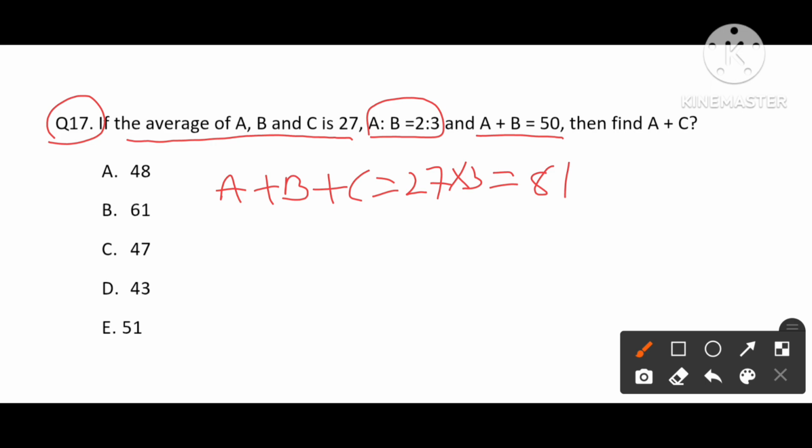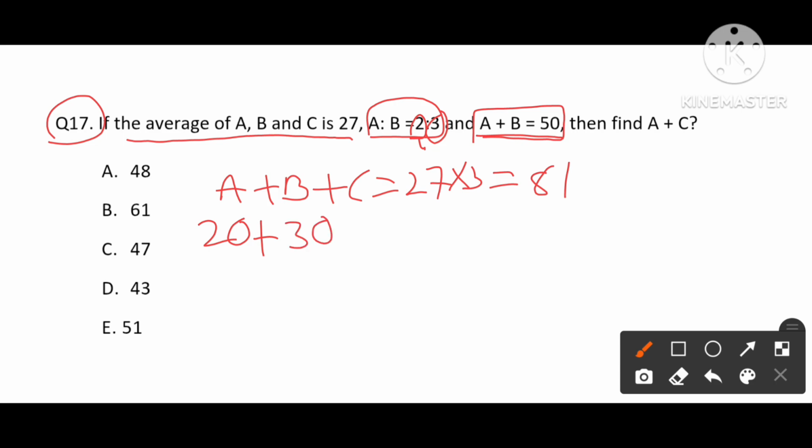So A and B in the ratio of 2 is to 3 means total 5 parts. 5 parts value is nothing but A plus B, which is given as 50. Means 1 part value will be 10. So A value will be 2 parts, 2 times 10, which is 20, and B value 3 parts, 3 times 10, which will be 30.